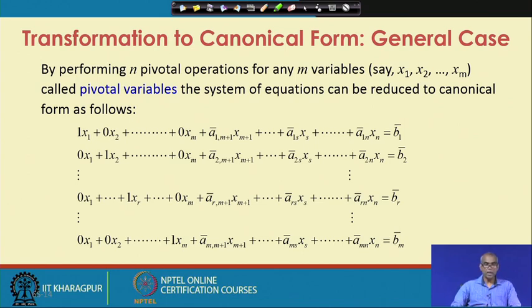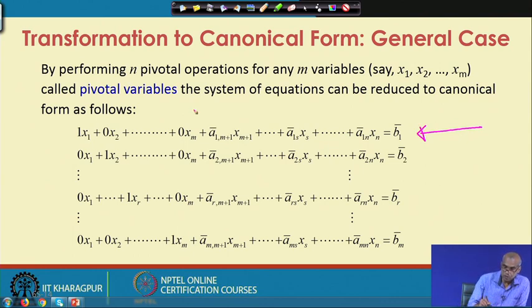So, by performing pivotal operations for any m variables, say x1, x2, xm, called pivotal variables, the system of equations can be reduced to canonical form as shown. So, you have n variables and m equations.